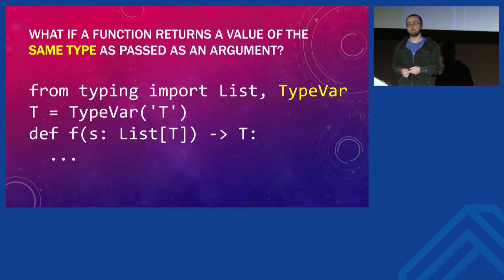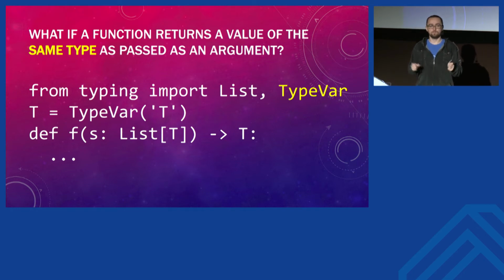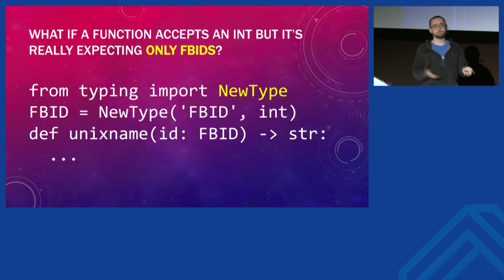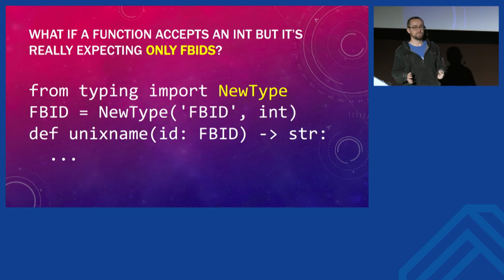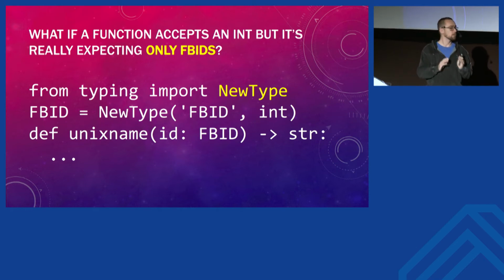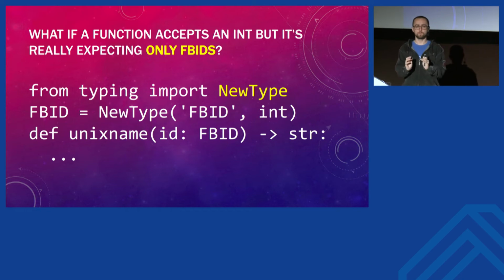There are cases where we have a type that we know is an int, but I don't mean any int. I mean those ints are specific. They're, for example, IDs in my database. So this sort of prevalent ID at Facebook is just called, not unsurprisingly, FBID. So we can say, okay, it's technically an int, but we actually want to constrain the usage of it to be an FBID.